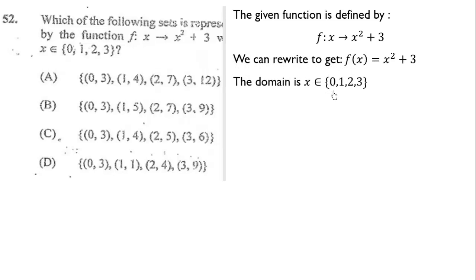And the domain that is given to us is this, so we need to substitute each of these elements into this function. So we want to find the image that corresponds to x equals 0.